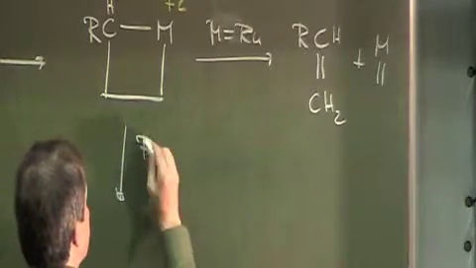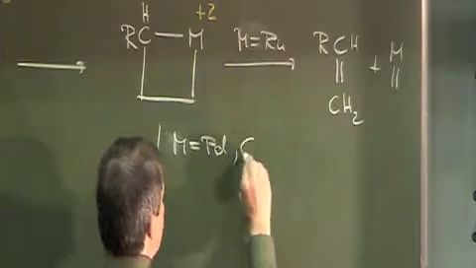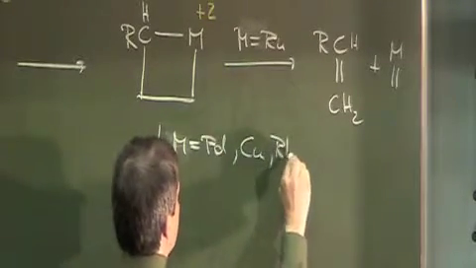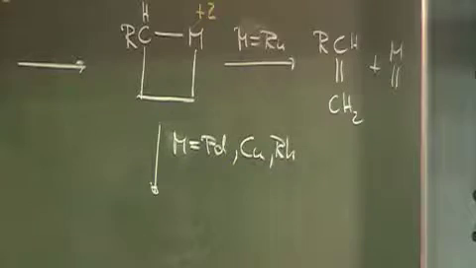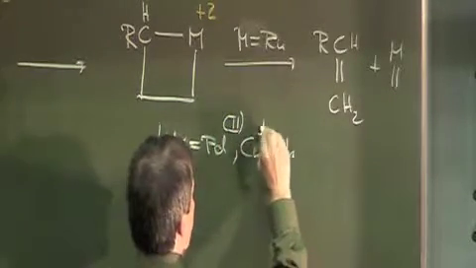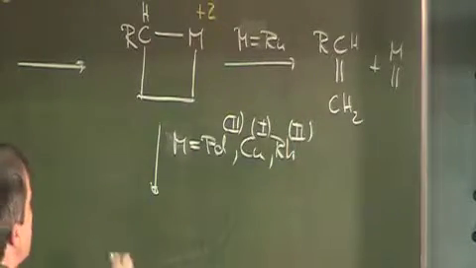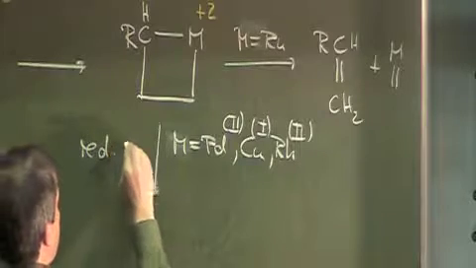But with other metals, such as palladium, and we will also see copper and rhodium, palladium 2 to be more specific, copper 1 and rhodium 2, simply reductive elimination might take place.